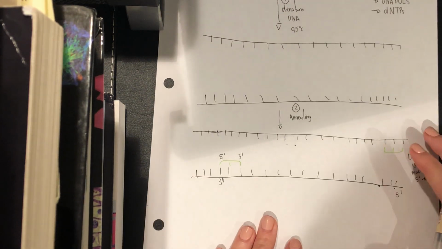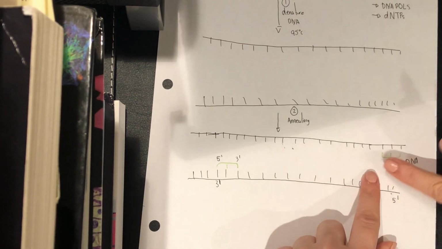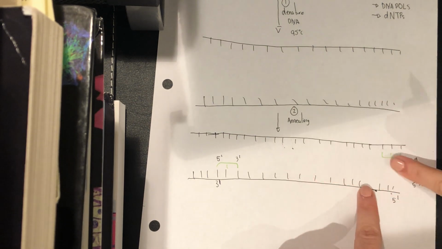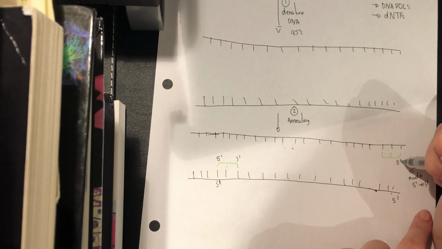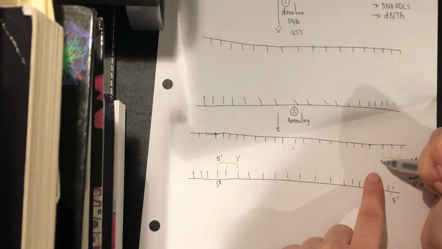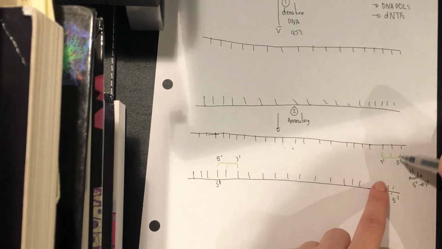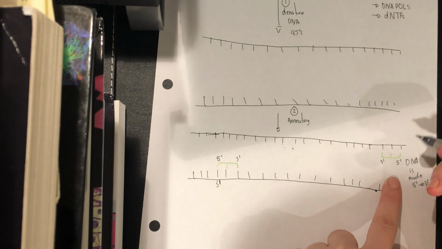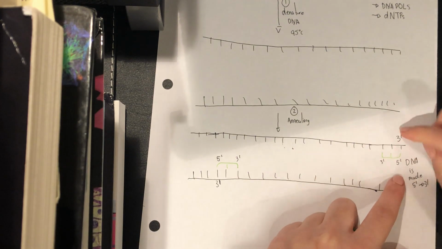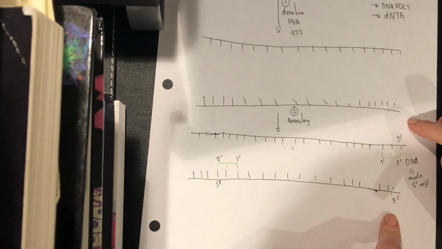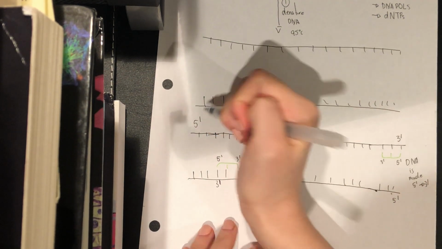And so if DNA replication is happening in this direction, then this would be your 5' end, because again, DNA is always made 5' to 3'. And so if that is your 5' end of your primer, this would have to be the 3' end of your DNA, so that it's anti-parallel. Okay?